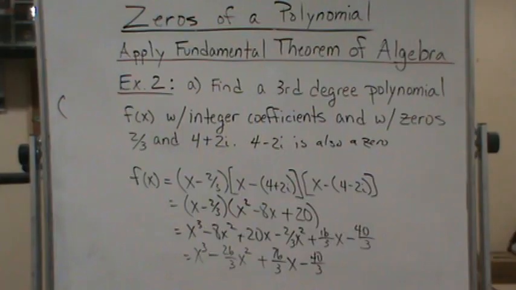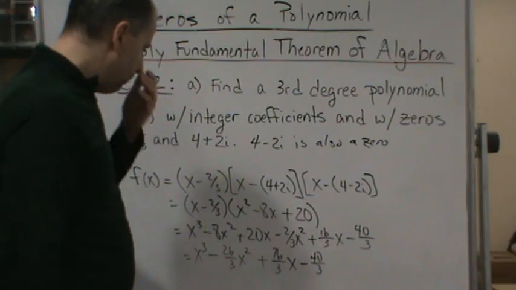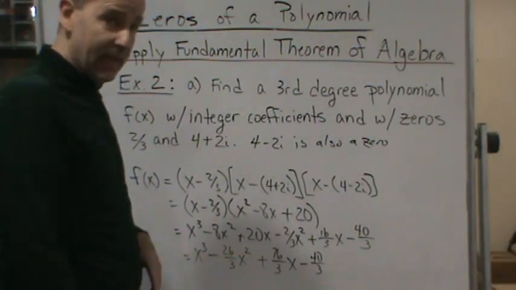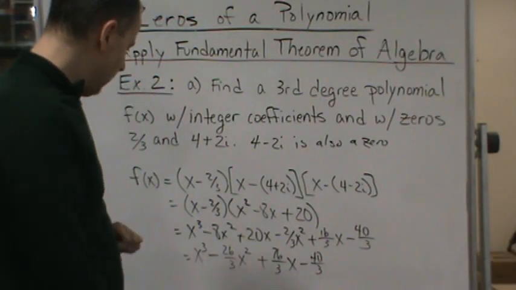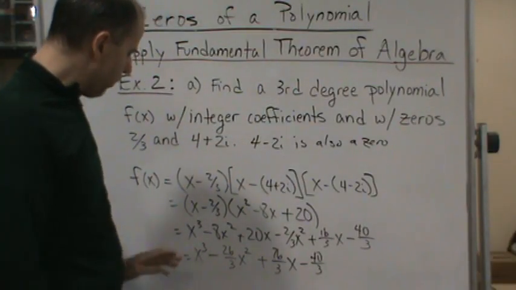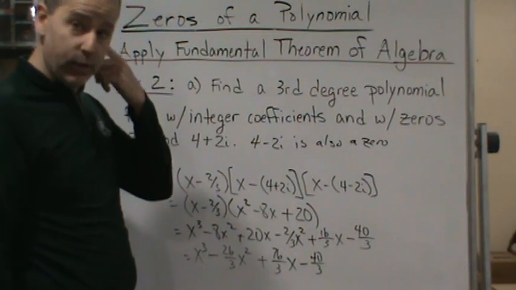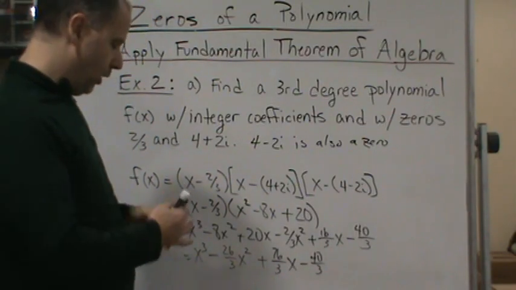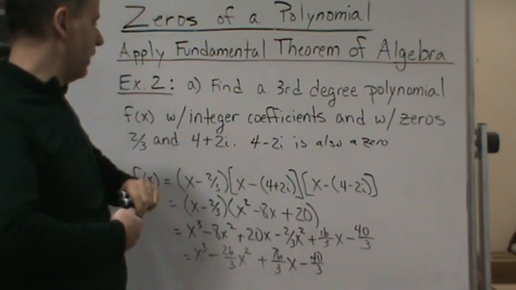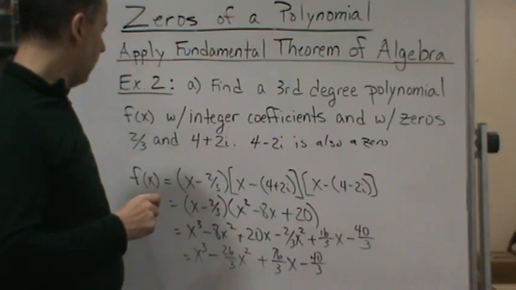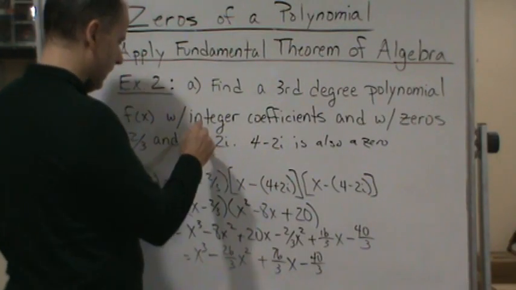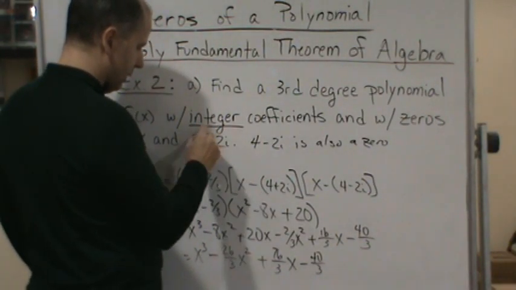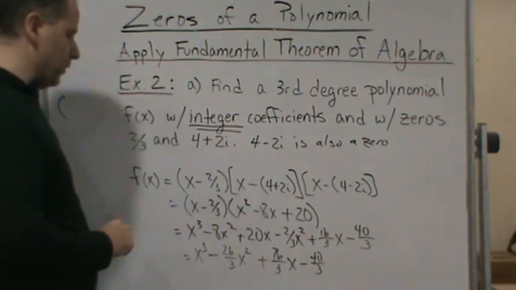One thing to keep in mind in this case is some of you might say, oh, we're done, right? But this is where you have to read the problem carefully and make sure you keep the goal in mind. One of the key things that they mentioned that you don't want to overlook is that they tell us it's integer coefficients.